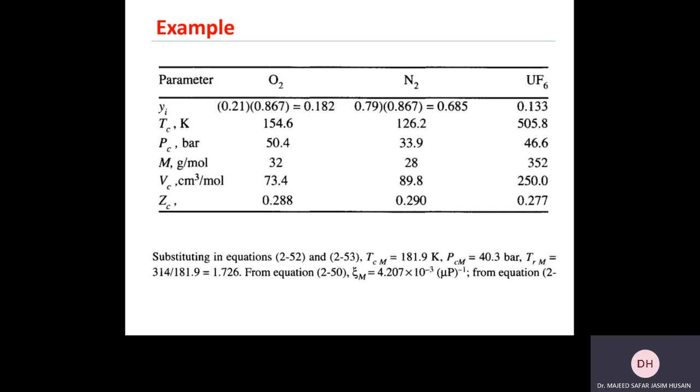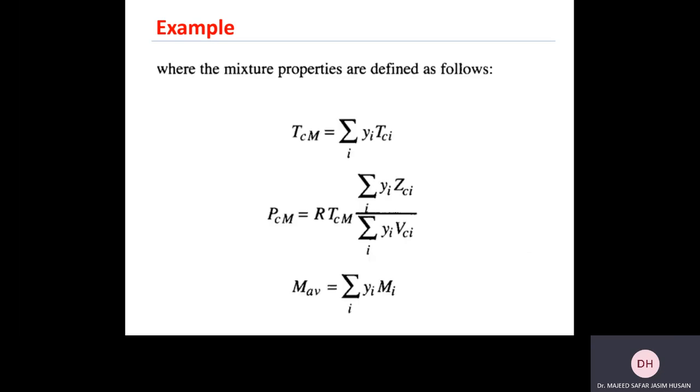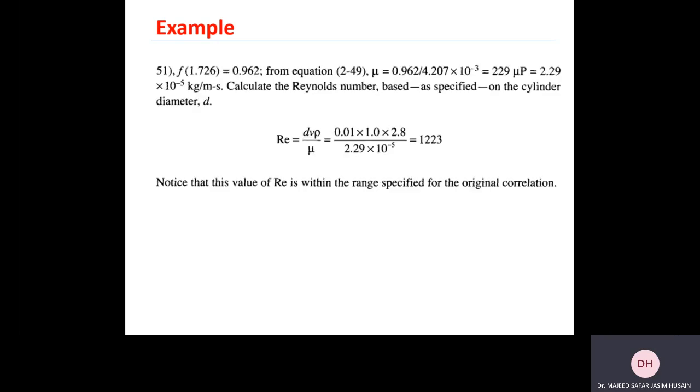If you find the reduced temperature of the mixture, then you can also find other parameters. Now you can find xi. Xi, we said, is a function of the critical temperature, average molecular weight, and critical pressure of the mixture. Since you have all of them, now you can find xi.